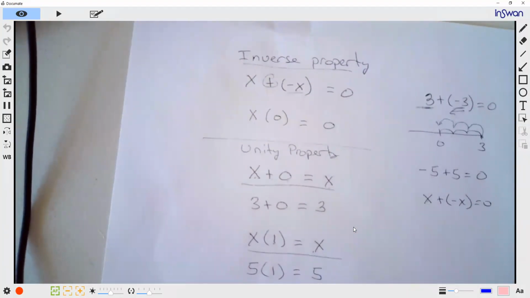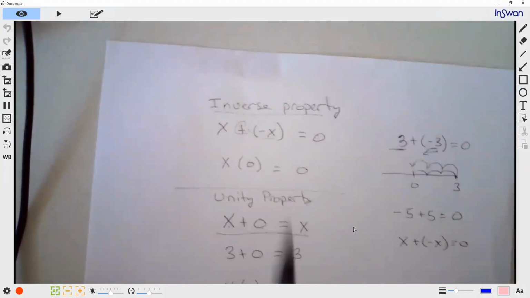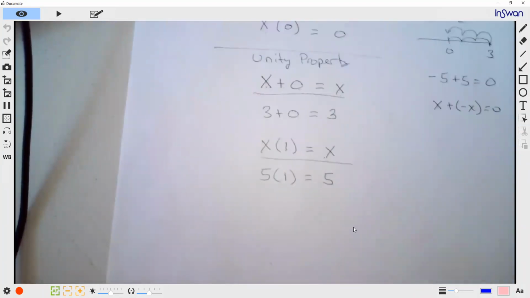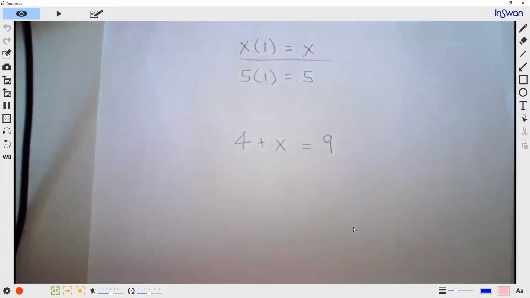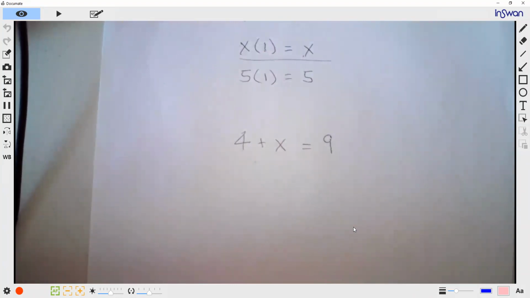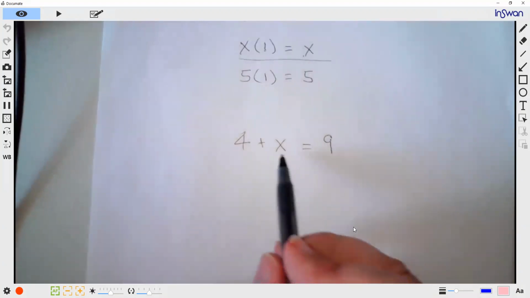Okay, now you're asking, so what's important about that? Remember this one. Mathematically, show me the process of what your answer is going to be. Get x by itself. If you want to get x by itself, what do you have to get rid of?